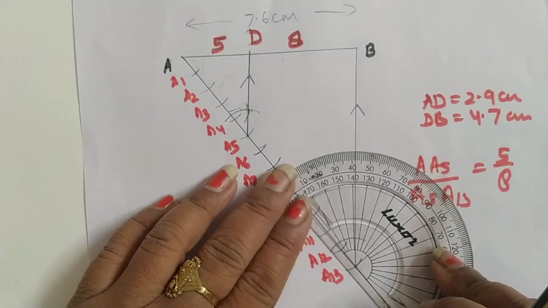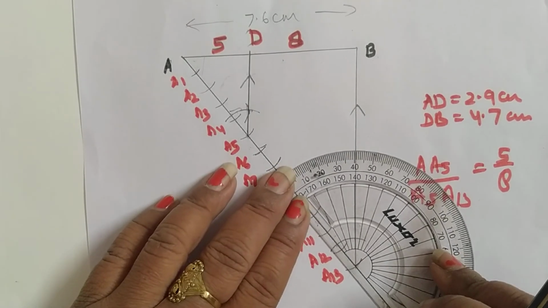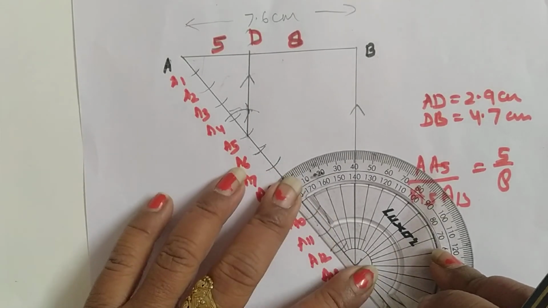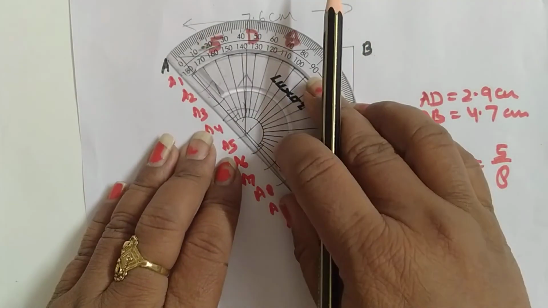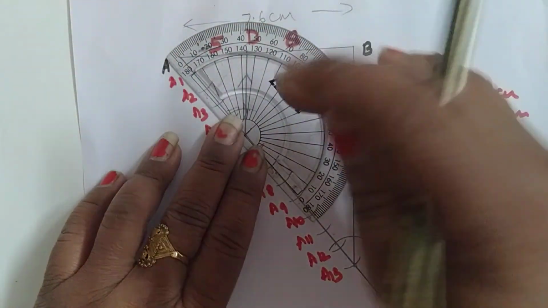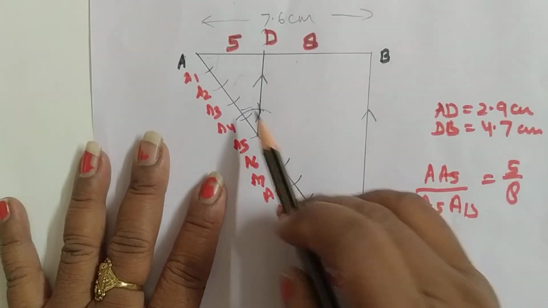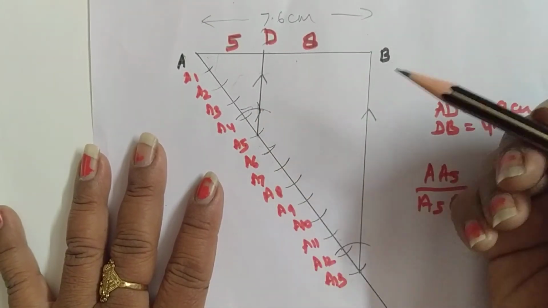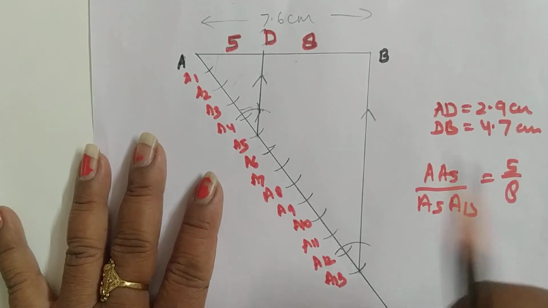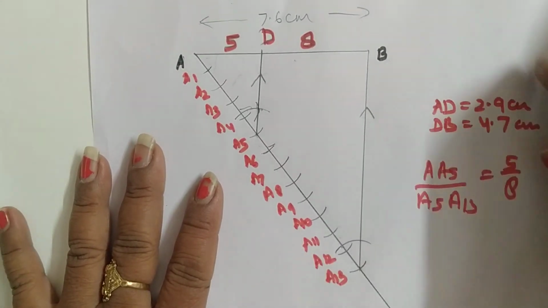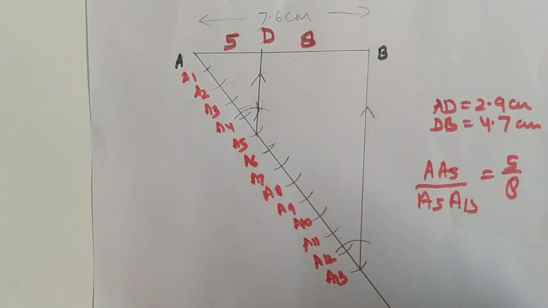This is the trick, I could say. Just measure the angle, put it on the A5, point that angle and then join this. Yes, this is the trick that you can use, and then make an arc just like by yourself.